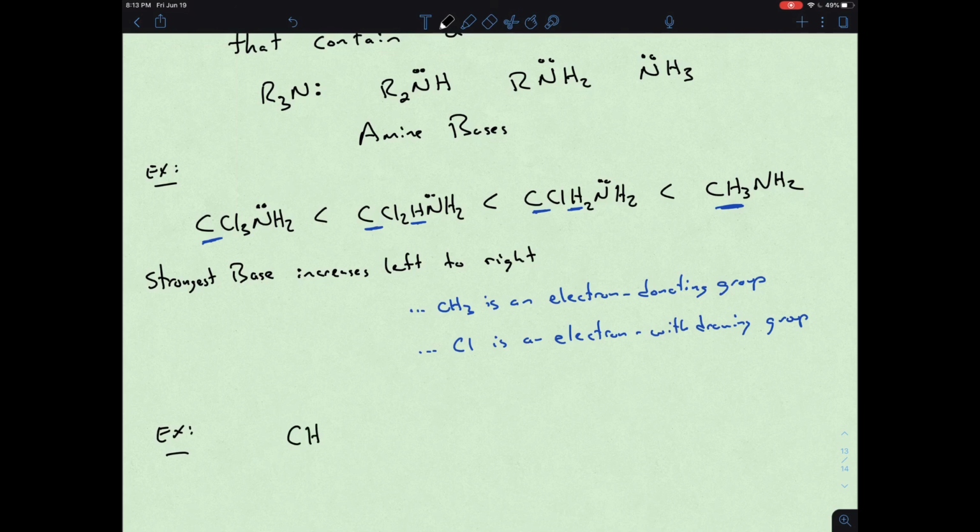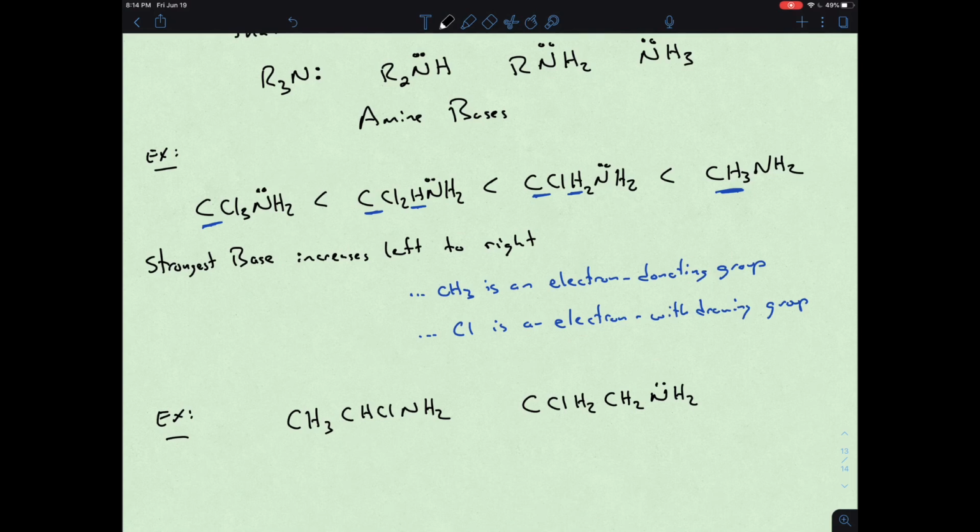Proximity is also an effect. If we look at, let's say, these two molecules where we have really just one chlorine, but one is a little bit further away than the other, again, we want to make our map of our carbon units.